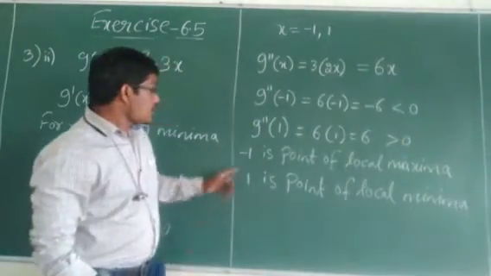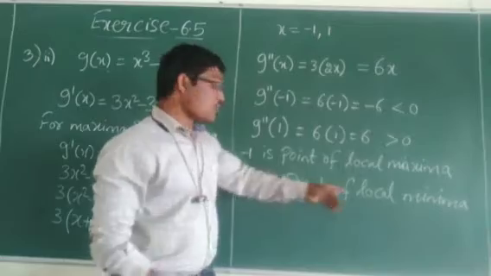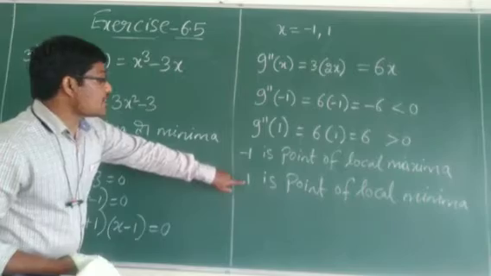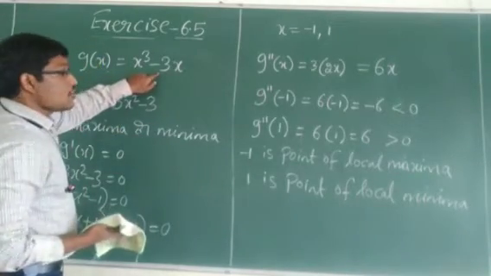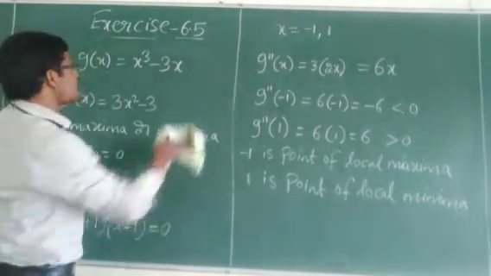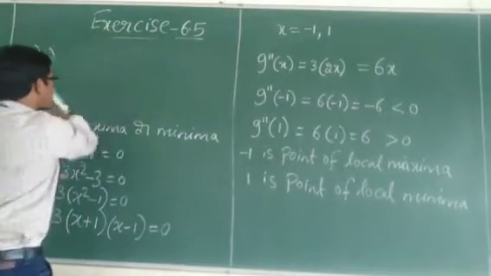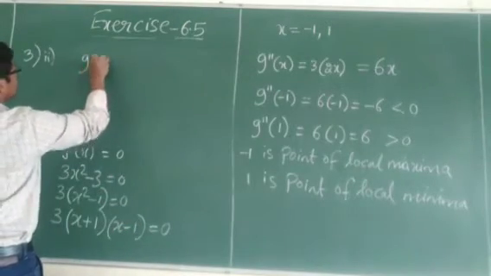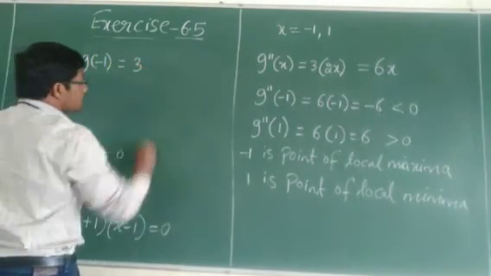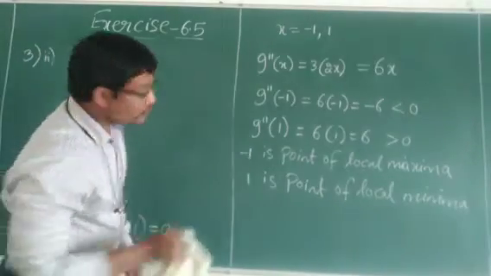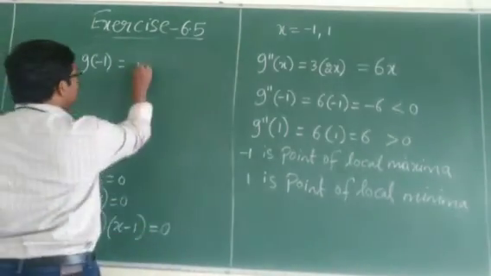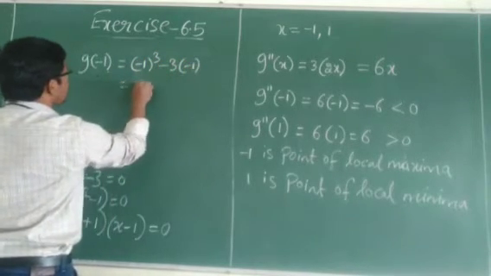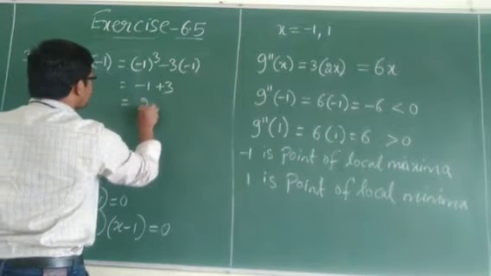Now once we have the point of local maxima and the point of local minima, we can substitute -1 and +1 in the given function to get the maximum value and the minimum value. g of -1 will be equal to x cube, so -1 whole cube minus 3 into -1, which is equal to -1 plus 3, which is equal to 2.